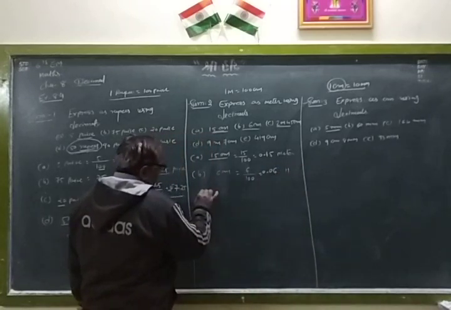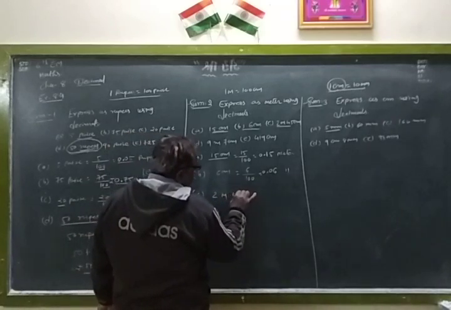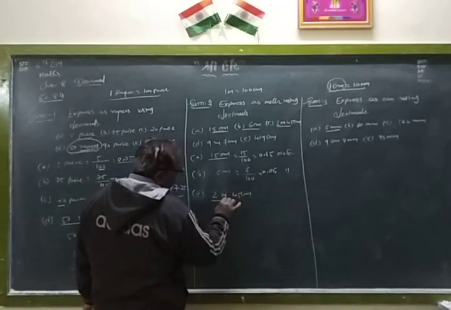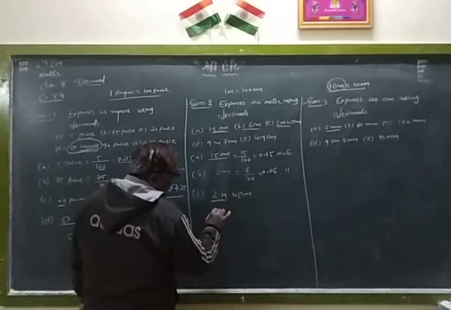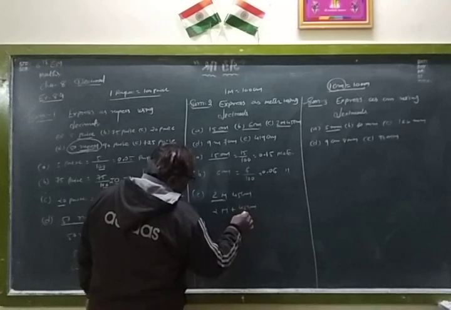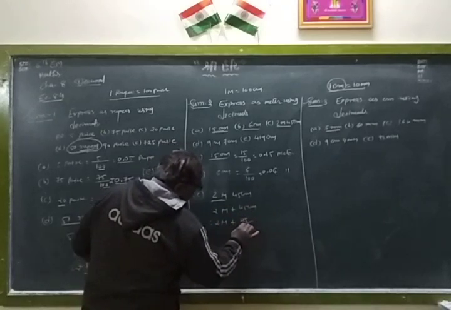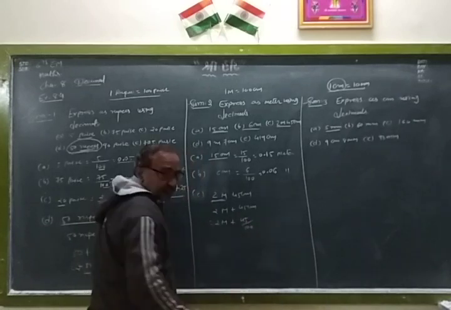Now see, 2 meter and 45 centimeter. Friends, look here, 2 meter is already given, so 2 meter plus 45 centimeter, so we have to convert 45/100.